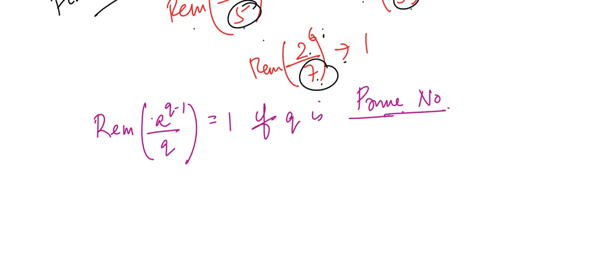Now let us look at an example which is slightly more twisted. 7 to the power 130 by 131. What is the remainder of this?